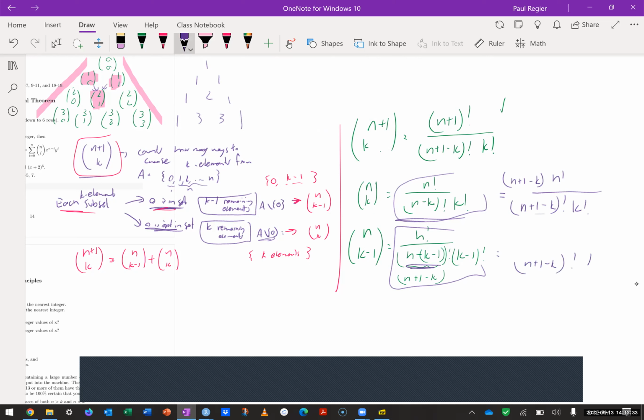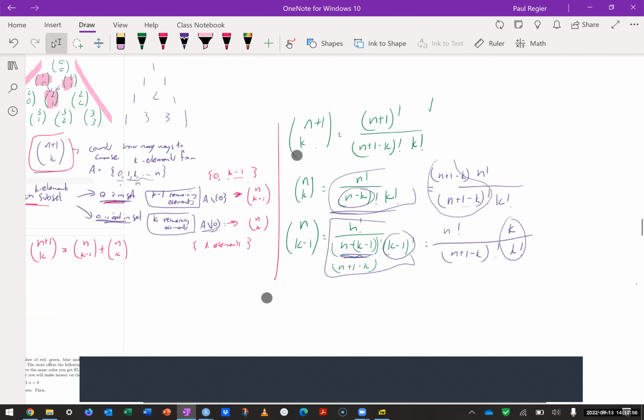But to get to the k factorial term, I have to multiply the top and the bottom by k. Sorry, not k minus 1. K. So that this is the same as this. And this is the same as this.